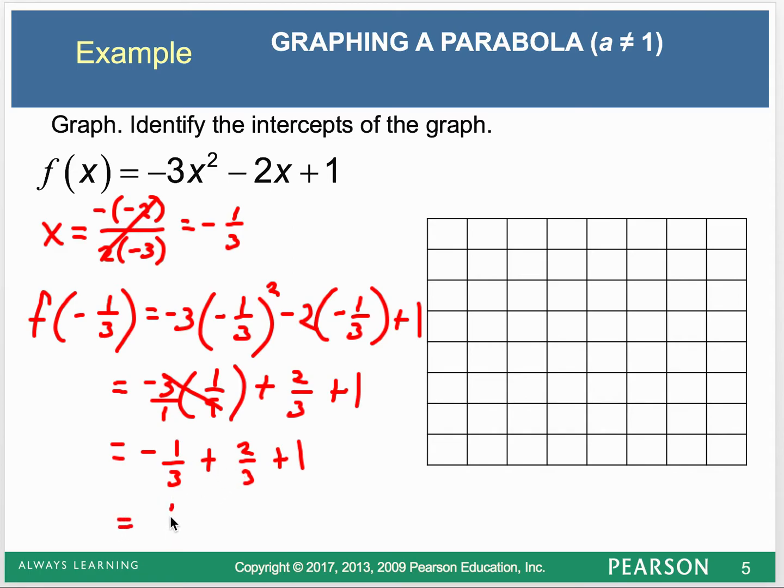So 2/3 minus 1/3, which is 1/3 plus 1, which is 4/3, which we already knew it to be. But here's how I could get it.